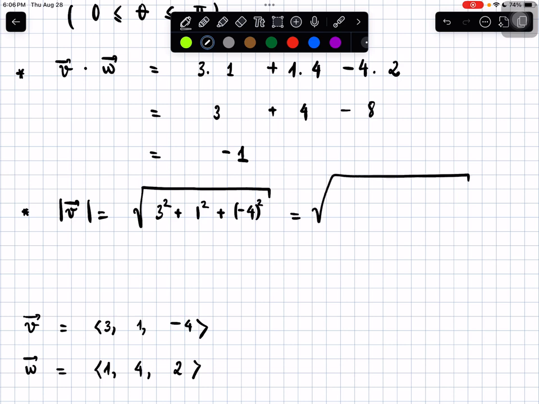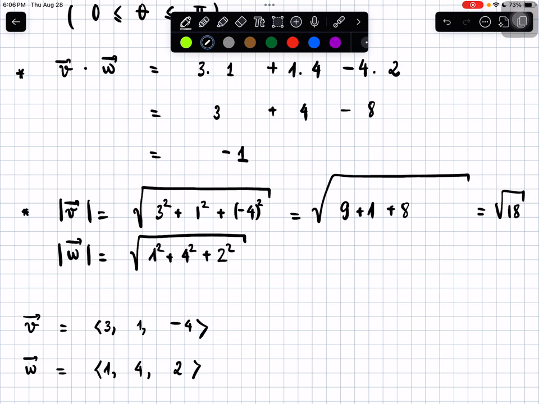Square root of 9, 1, 16, so square root of 26. You do similarly for w. The length of vector w is the square root of 1 squared, 4 squared, 2 squared. So square root of 1, 16, 4, so 21. Square root of 21.